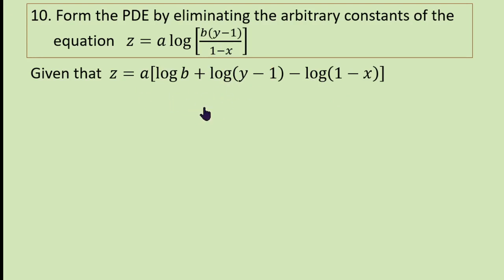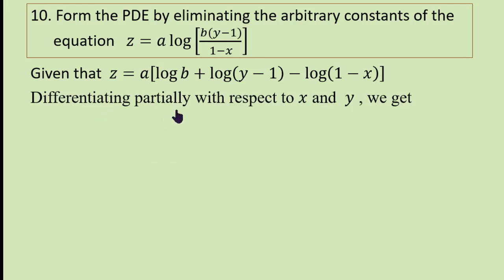Now differentiate partially with respect to x and y. When we are differentiating partially with respect to x, we get p equal to a into 0 plus 0 minus 1 by (1 minus x) into derivative of minus x is minus 1. Therefore, it is a by (1 minus x).